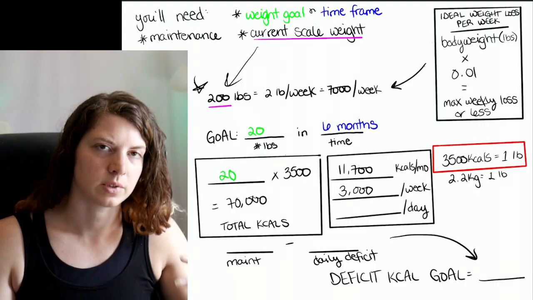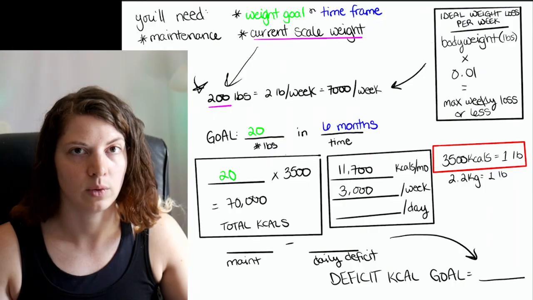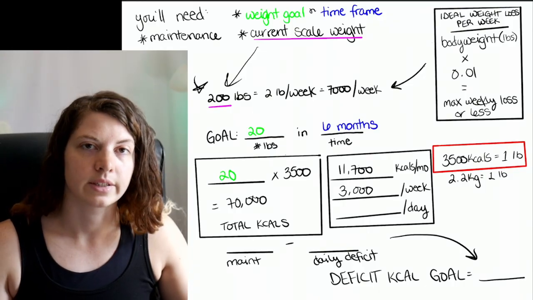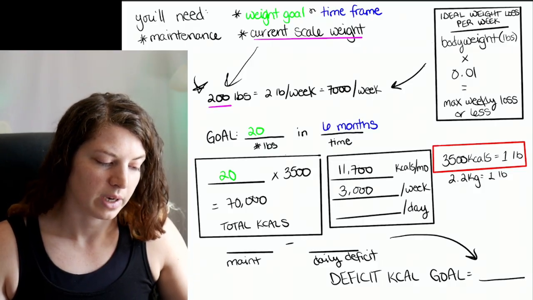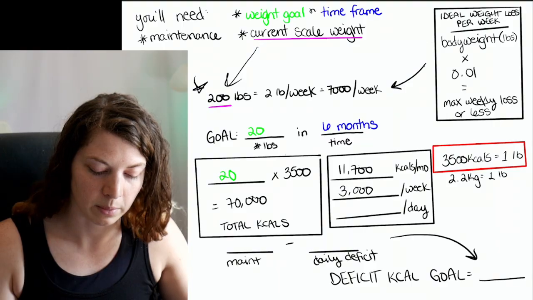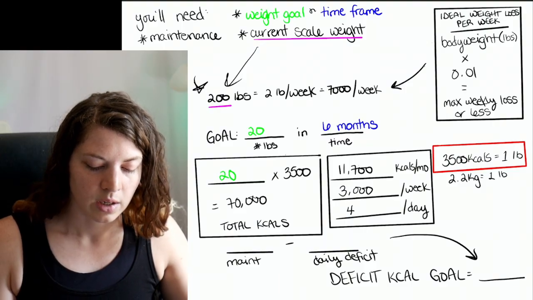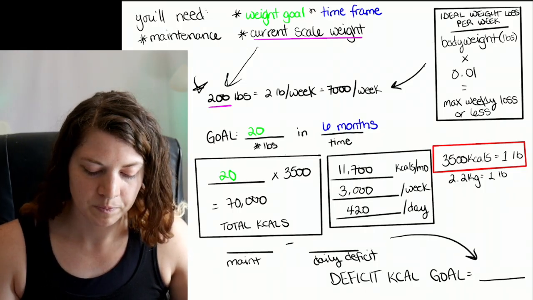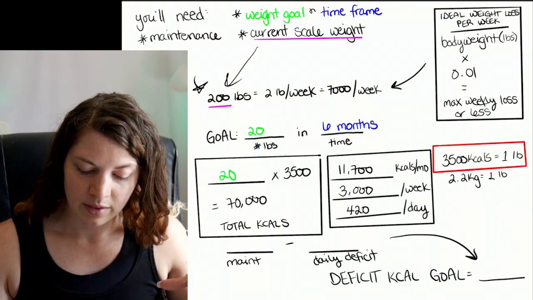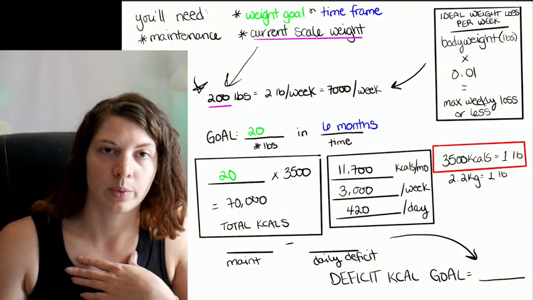And that means what's left is how many per day we're going to want. And since there are 7 days in a week, we're then going to divide it by 7. So here I have about 420 per day. That's rounded up from 416. So now we have our daily deficit that we want.